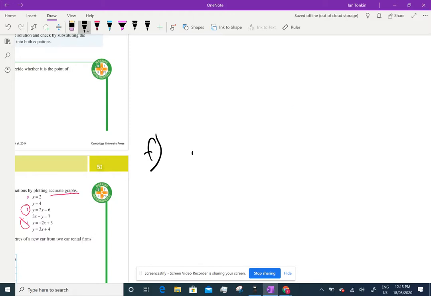I've got y equals 2x minus 6, and I've got, oh no I don't, it's not written as y equals, so it's 3x minus y equals 7.